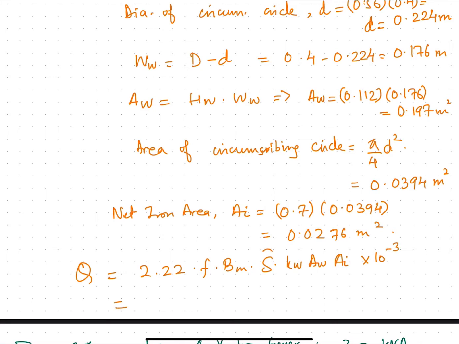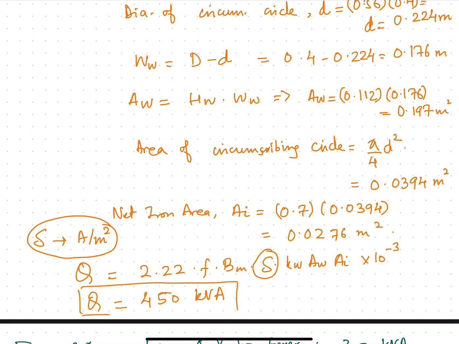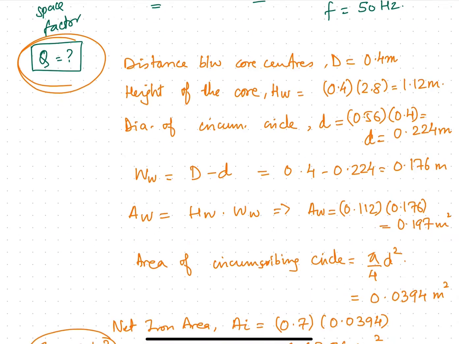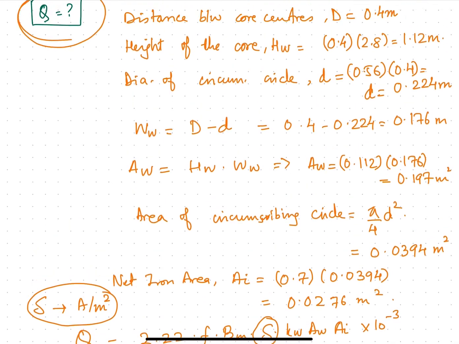Again you have to factor in this delta correctly, so it has to be converted into ampere per meter square. So when you put in these values, you get that this Q is equal to 450 kVA. Another straightforward question, no difficulties, should be easy to understand.